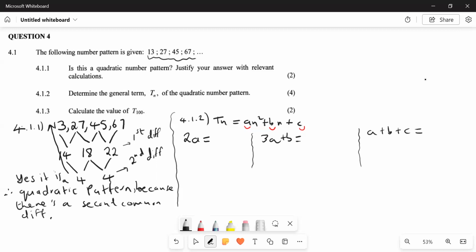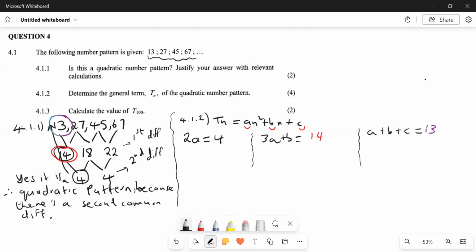What do I mean by that? 2a is equal to 4, right? 3a plus b is equal to 14. Let me use a different color so that we can understand. a plus b plus c is equal to 13. So we have 13 there. I hope we are following, all of us.